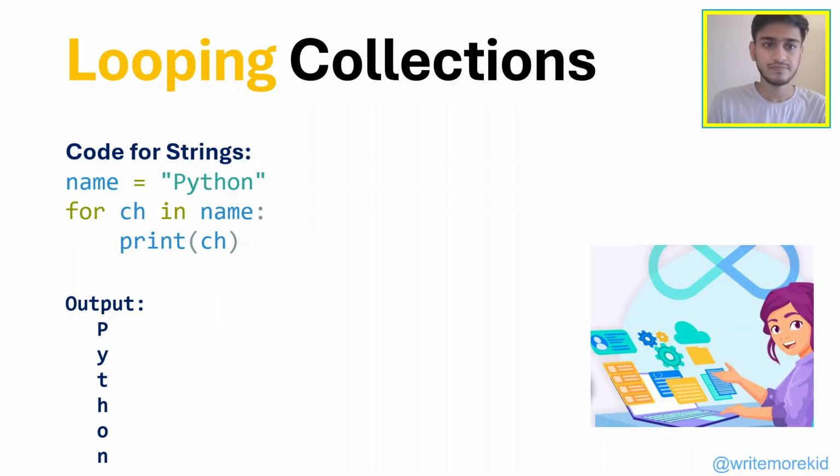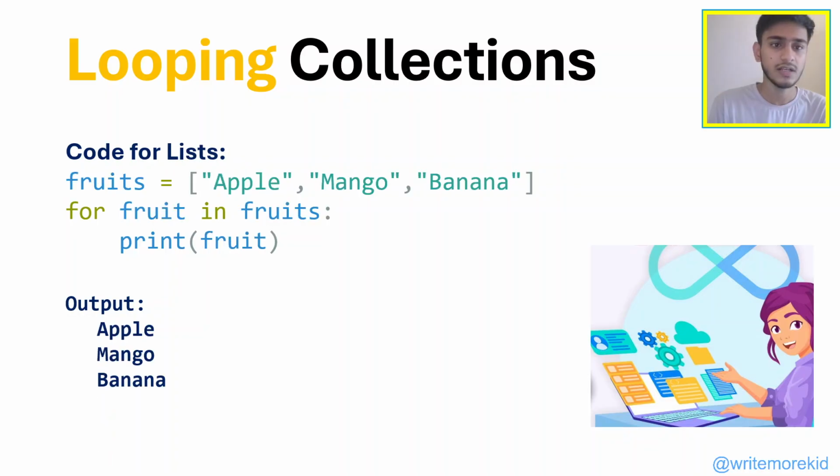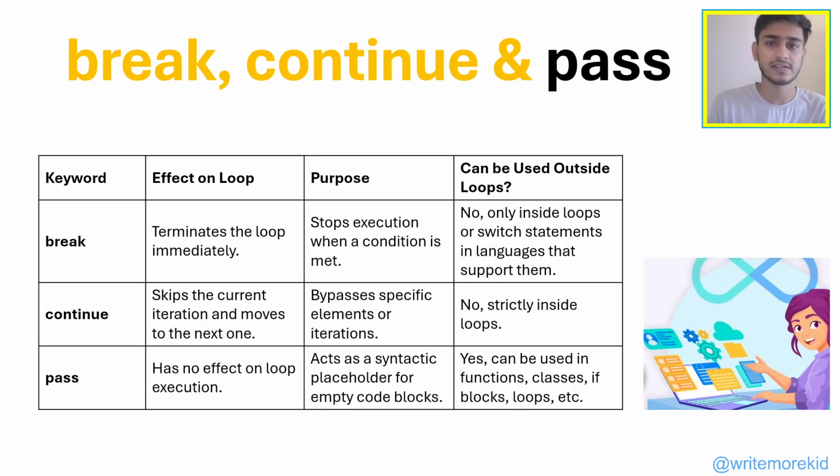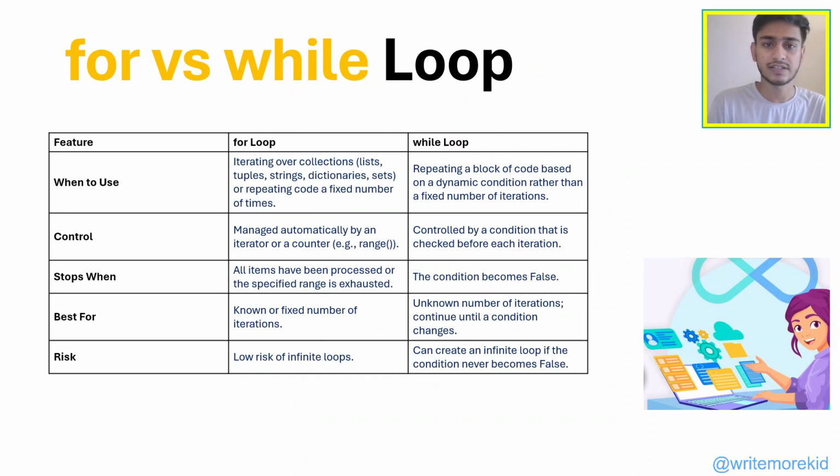After this, we studied how you can loop over collections. We practiced it over string, list, and tuple. So these were the things we covered in the last lecture. And by the end of the lecture, we covered break, continue, and pass, by virtue of which you can manipulate the loops. So let's start with today's lecture.